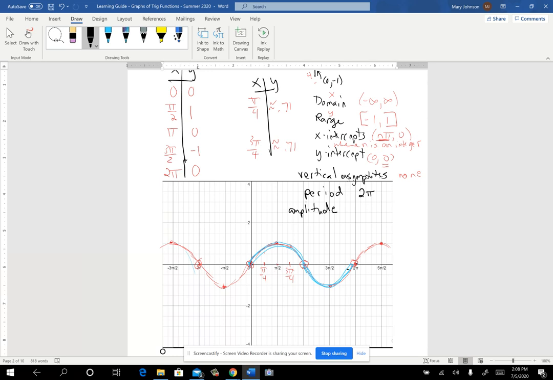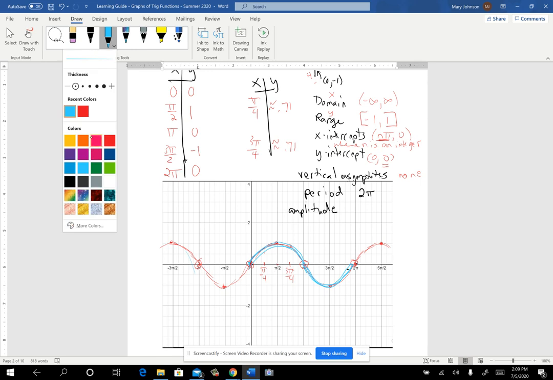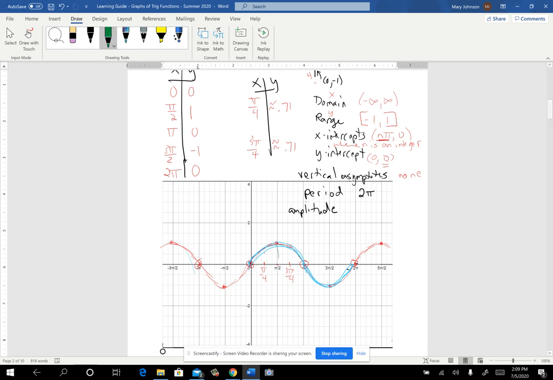Let me do this in green. I think of it right here. That height is the highest point. So the amplitude is going to be 1. Okay. It's not 2. It's not the difference between the highest and the lowest. It's just this from the x-axis to the highest point. So the amplitude is 1.